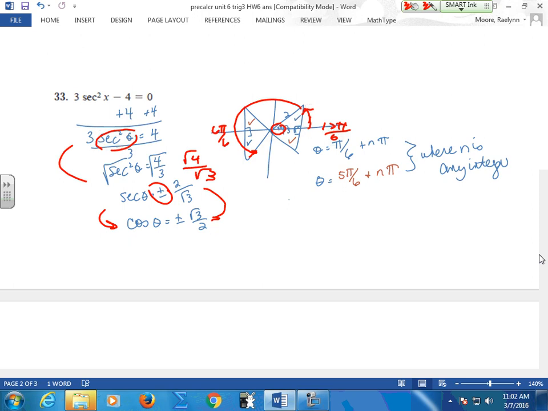So I name this one and add n pi. Then I didn't touch this one yet, so I come across, I'm 1 short of 6, I'm 5 pi over 6, and if I go 180 degrees across, plus n pi, I name the other ones. This is what's going to give you all solutions.